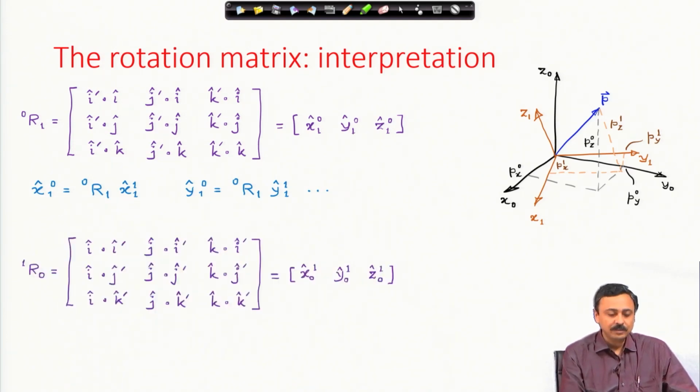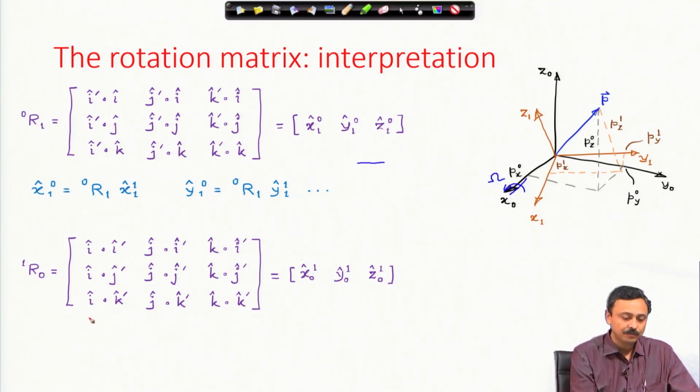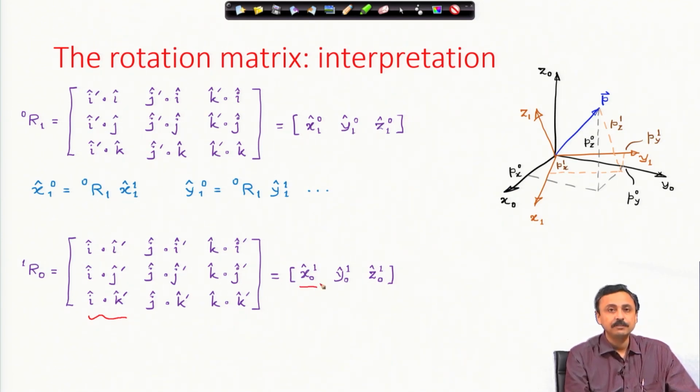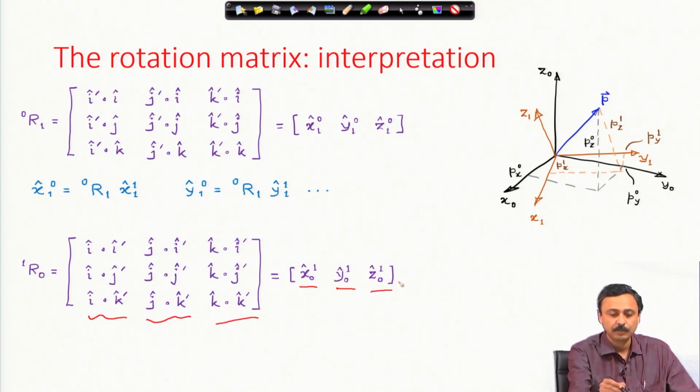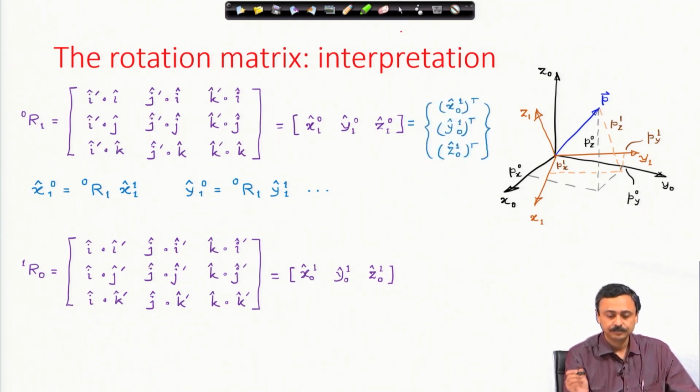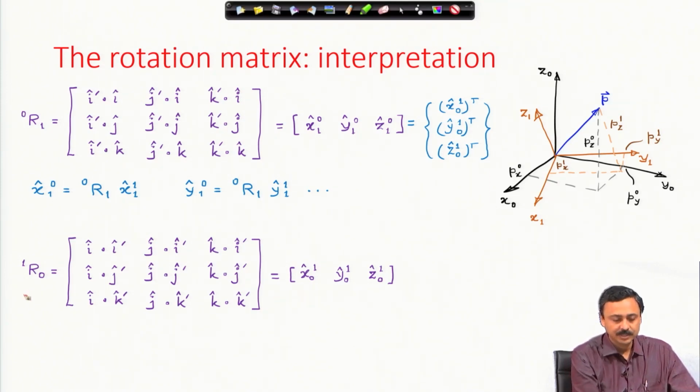And R from 0 to 1 is nothing but the transpose of this matrix, and the columns of this R 0 to 1 are the representations of x0, y0, z0 in x1, y1, z1. Therefore, the first column of R 0 to 1 is x0 represented in frame 1, the second column is y0 represented in frame 1, the third column is z0 represented in frame 1. And the rows therefore represent the transposes of these things.